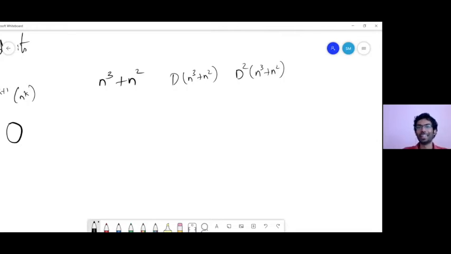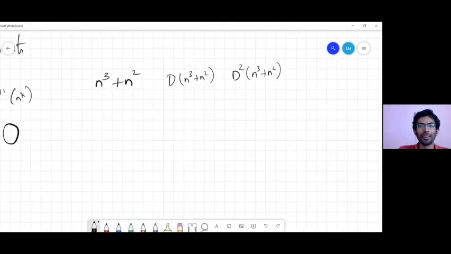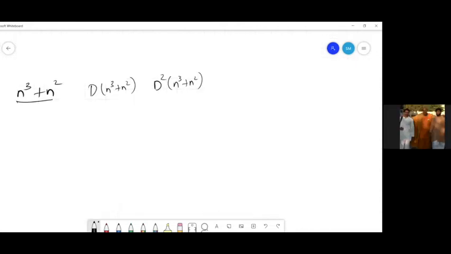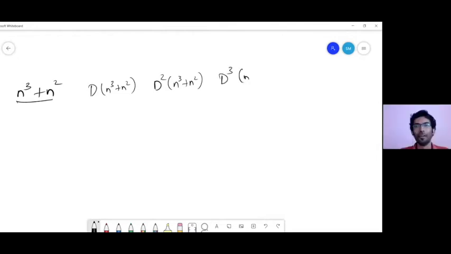Can you tell me at what stage this becomes zero? Fourth stage, yeah. Fourth stage it becomes zero.